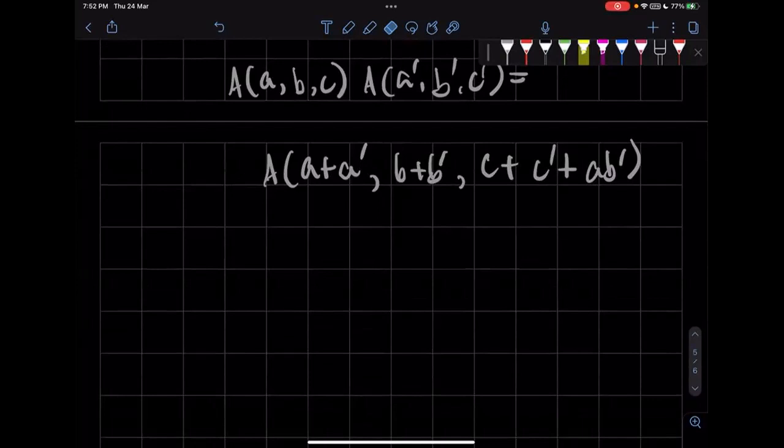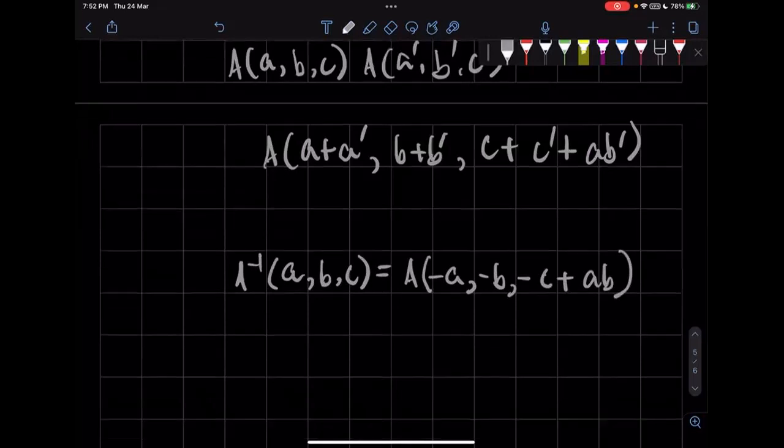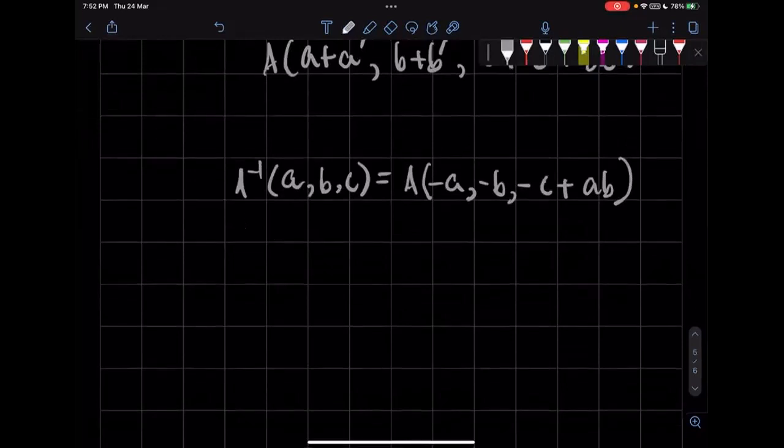Okay, so you can verify that for the Heisenberg group, from this algebra, the inverse of (A, B, C) is (minus A, minus B, minus C plus AB). Okay? So this is actually a non-abelian group.